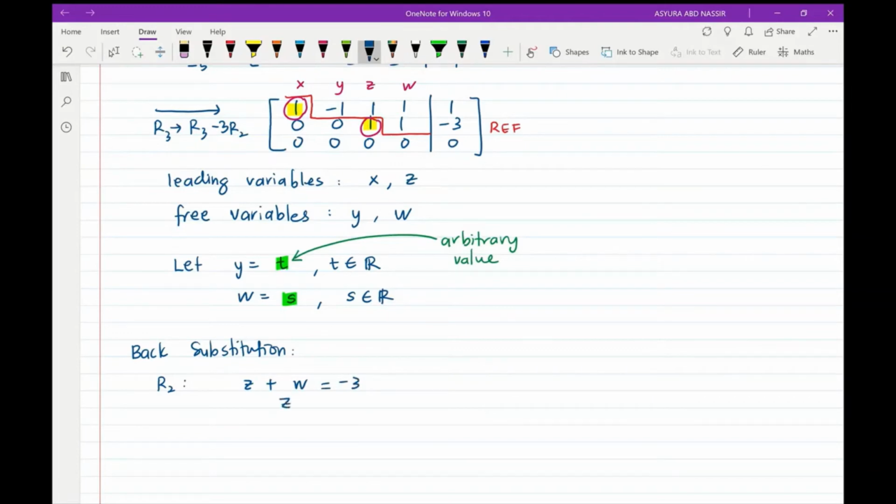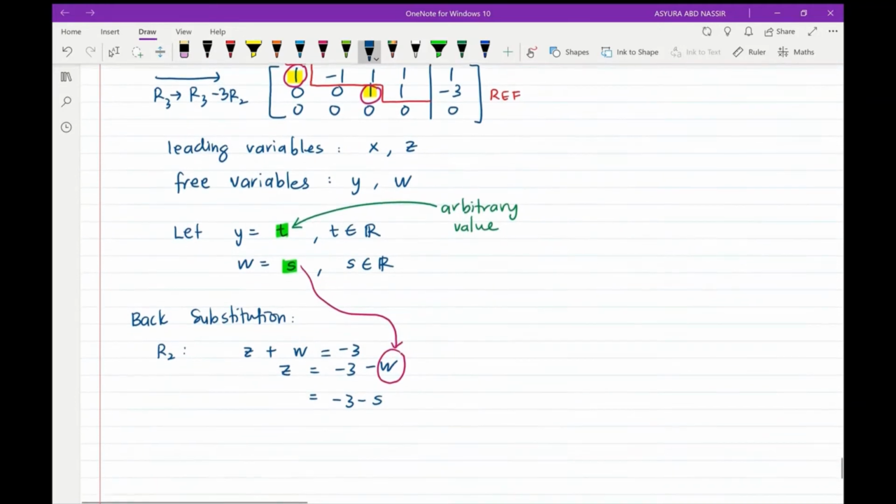Make z the subject: z is -3 minus w. We have w here, so you substitute w as s. Now we have -3 minus s. Continue with row 1.